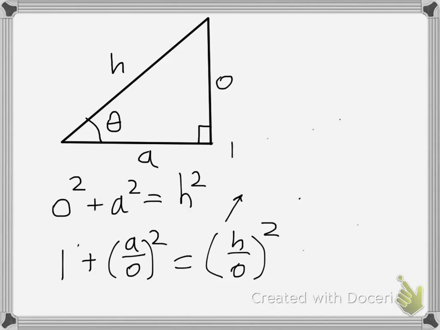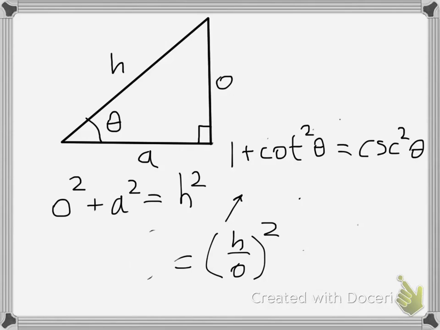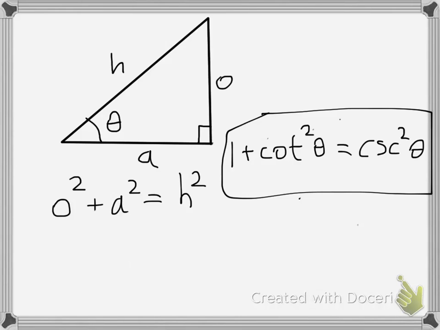So this becomes 1 plus cotangent squared theta equals, H over O is the reciprocal of sine, which is cosecant. So 1 plus cotangent squared theta equals cosecant squared theta. And that's the last Pythagorean identity.